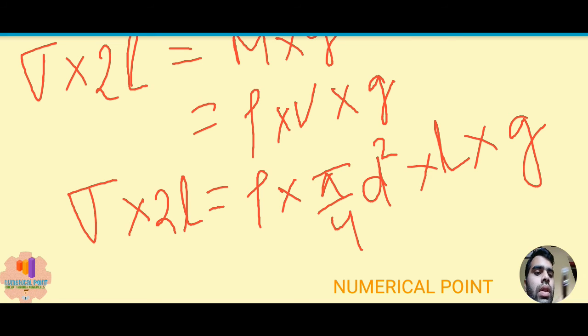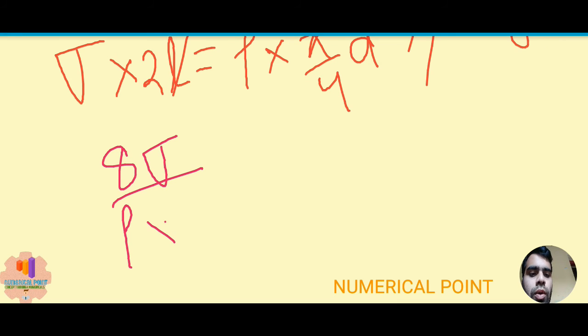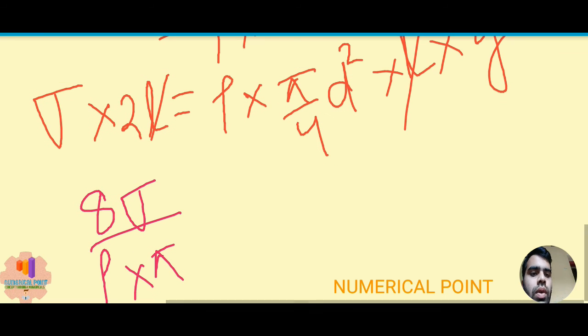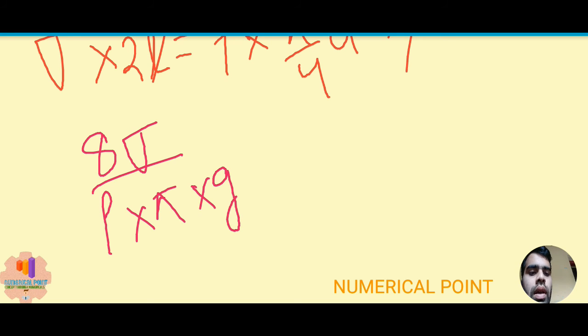Okay, so if we look at both sides, L and L will be cancelled out. So what remains in the equation, if we take everything to the left and keep D in the right hand side, we will have 4 into 2, 8 into sigma, over rho into pi into g in the denominator, equal to D square.